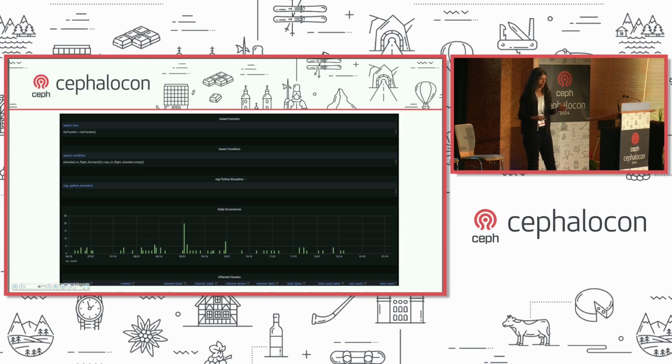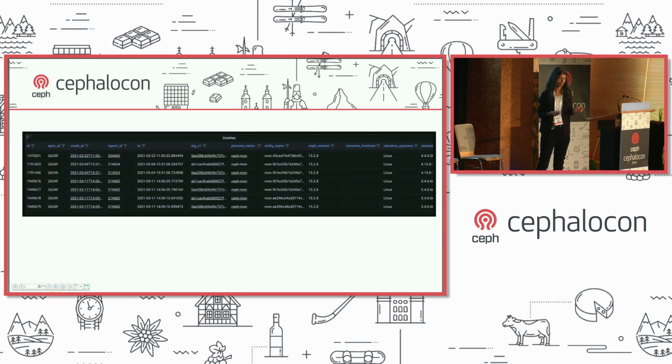And then again, we have a more detailed view of exactly the assert condition that we hit during that crash. And we can take a look at certain raw crashes that were reported.